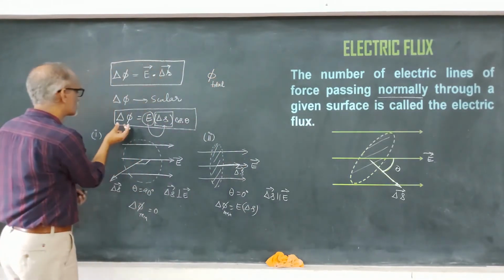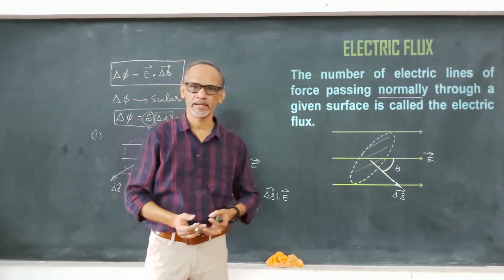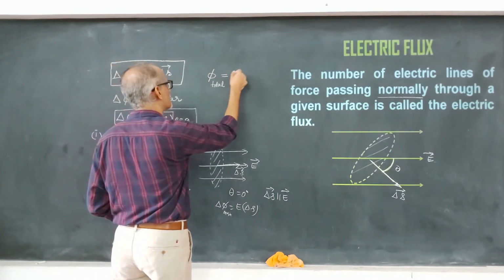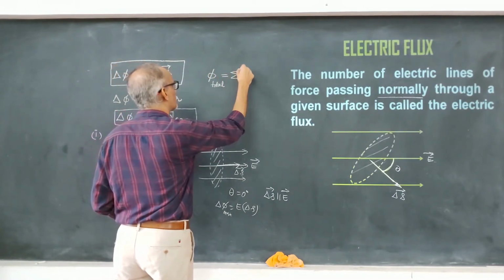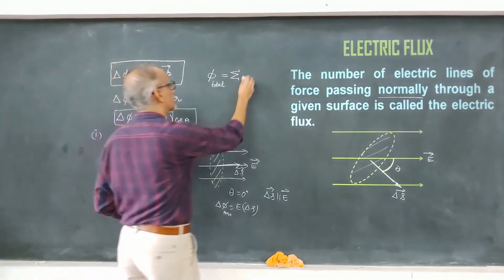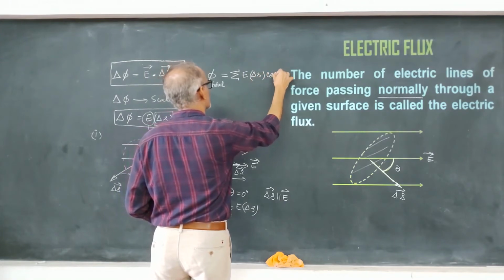See, this is the flux through a small surface. If you want to measure the total electric flux over the entire surface, then the total electric flux is given by the algebraic sum, that is, summation of E delta S cos theta.